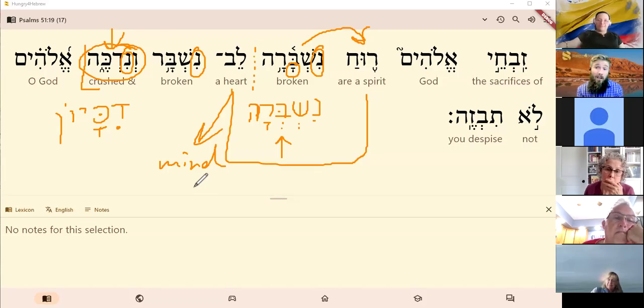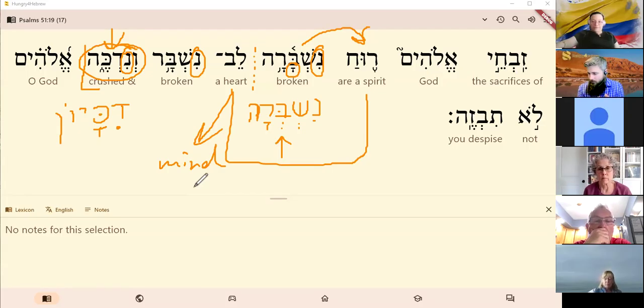Or how the wicked men in Genesis, the imagination of their hearts was wickedness constantly. That's the seat of imagination, right? Not your emotions. So in all the places where you find this word lev, it seems to be talking about thinking and contemplating and imagining, talking to yourself contemplatively.